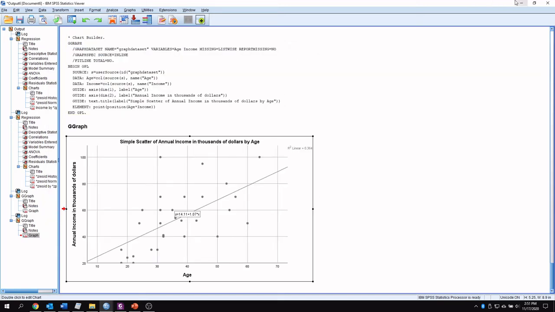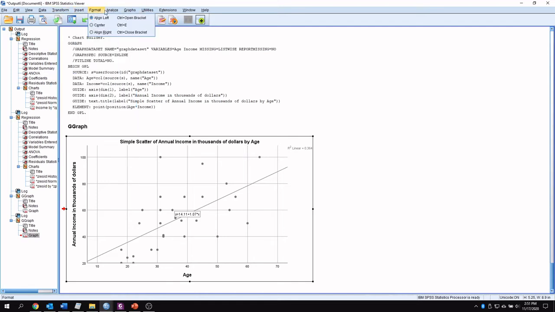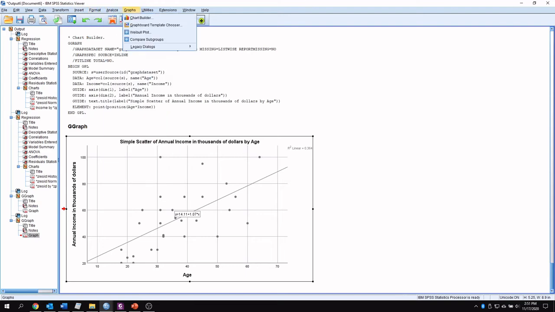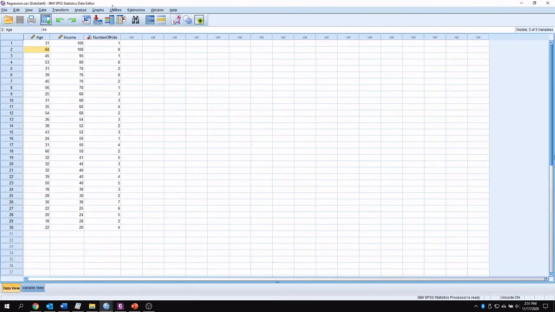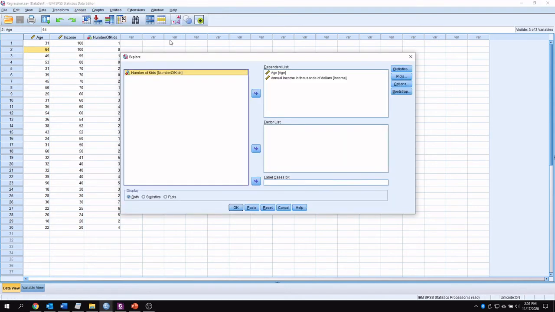And we're going to do one more assumption test before we get into the regression analysis, and that is going to be a test of normality. To do that, we're going to go up to, well, let's get out of this dialog box quick. Explore, and that's in descriptive statistics.